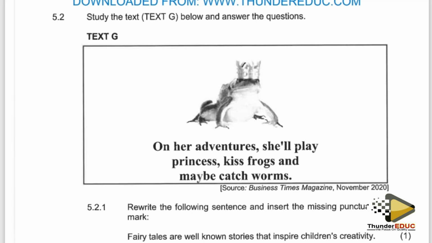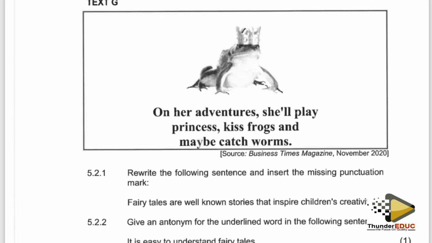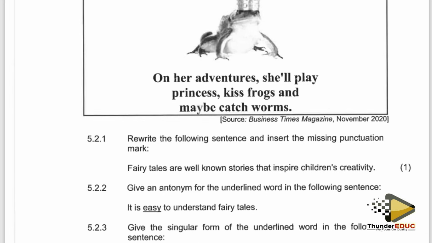Right. And then they said, rewrite the following sentence and insert the missing punctuation mark. Fairy tales are well-known stories that inspire children's creativity. We have to insert the missing punctuation.